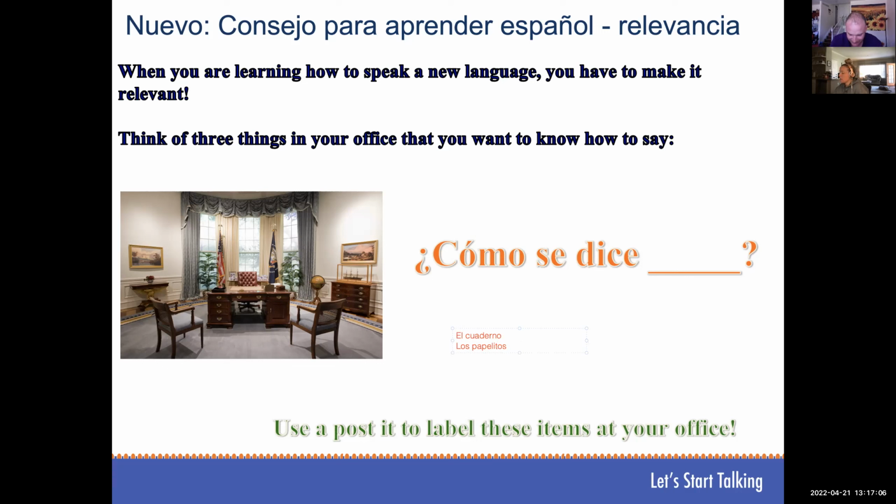Libros. ¿Cómo se dice like mouse? Like for the computer mouse? El ratón. Okay. ¿Cómo se dice keyboard? Yeah, el teclado. El teclado. ¿Cómo se dice monitor? Sí, muy bien. La pantalla. I would have never guessed that. La pantalla. Yeah, so did you get a chance to write those down? No, that was written down right now? Yeah, go ahead and write them down.